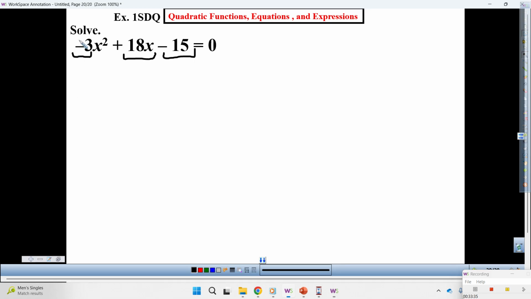Very good, but if this one has a negative, then it's negative 3. So negative 3x squared divided by negative 3 is x squared. 18x divided by negative 3, that's negative 6x. And negative 15 divided by negative 3, that's positive 5.